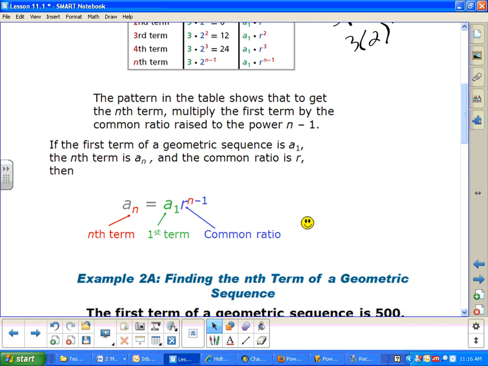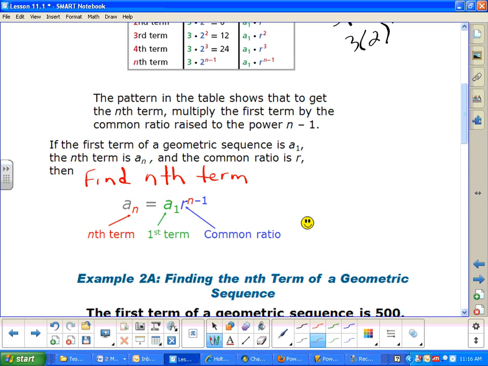If we want to find the nth term, we write it as a sub n.